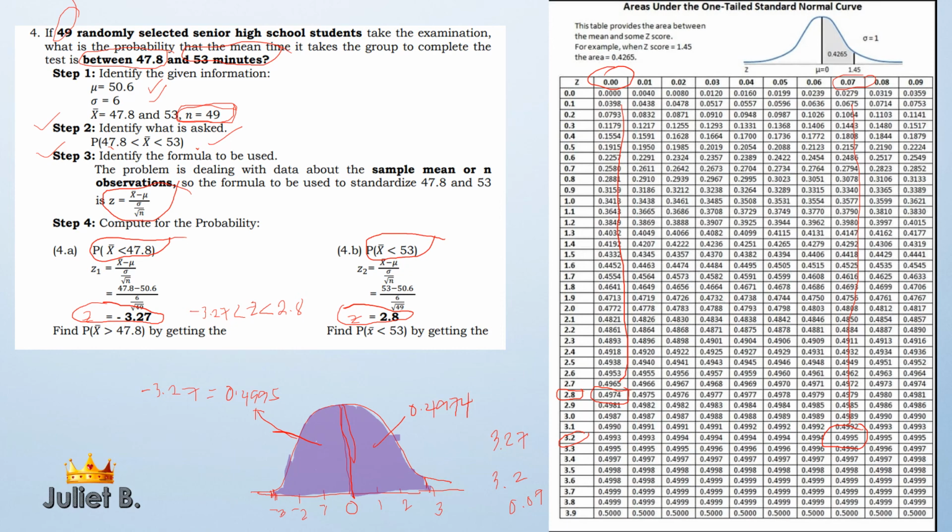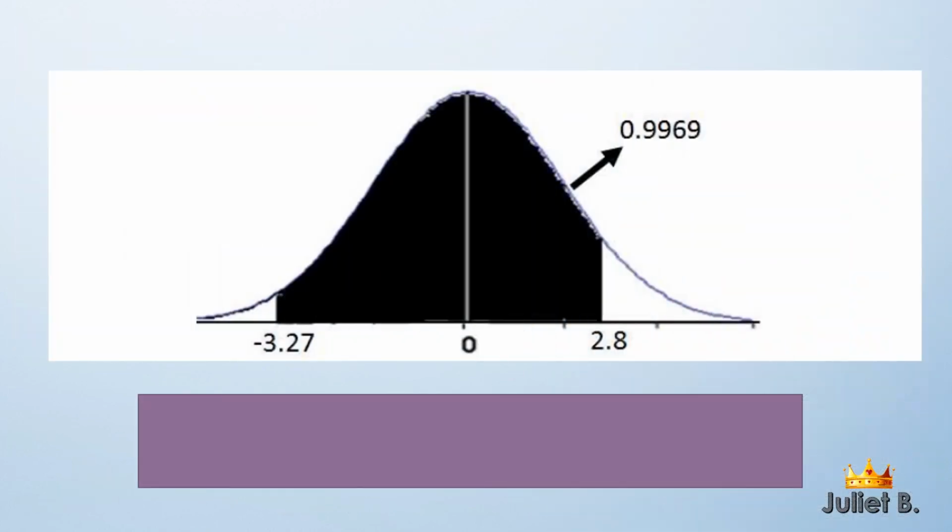So when we add them, by adding the area taken from the negative 3.27 region and the area taken from 2.8, adding these two together, we have 0.9969.